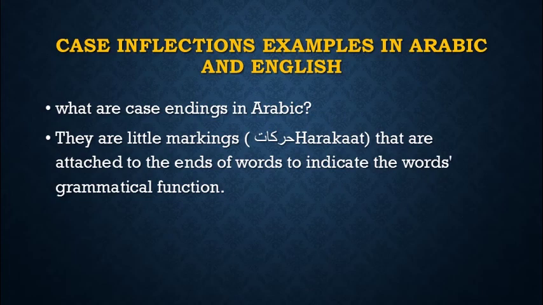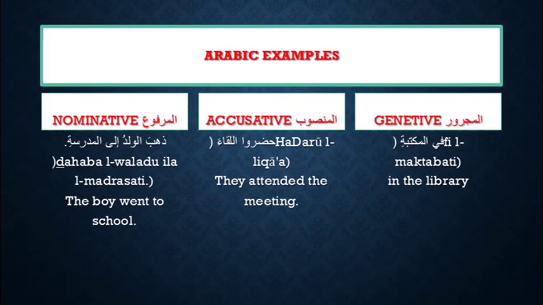So what is the function? Remember the function. What do we mean by function? The function of the word is whether it is a subject, maybe an object. So this could be identified by the harakat. Let's have examples in Arabic in particular, because Arabic is inflected for three cases as we mentioned before: nominative, accusative and genitive.